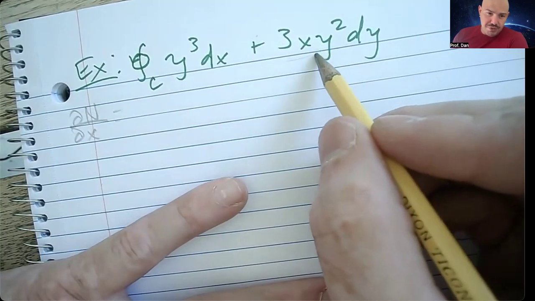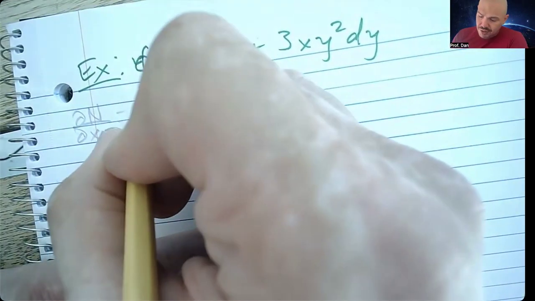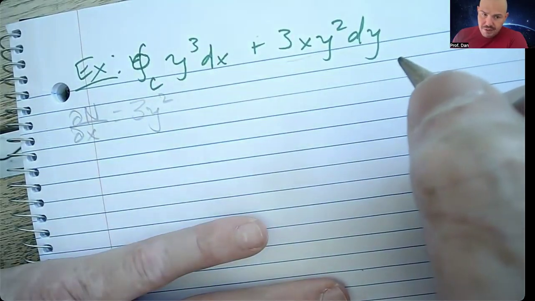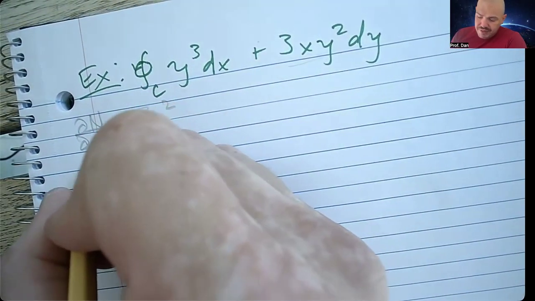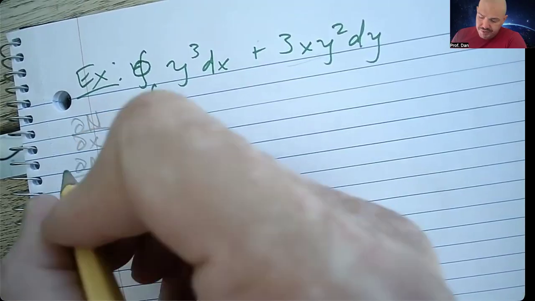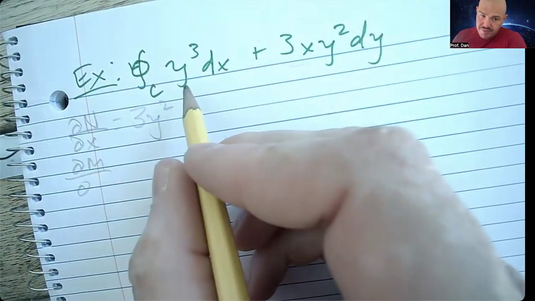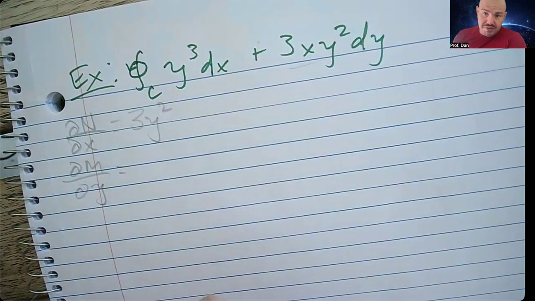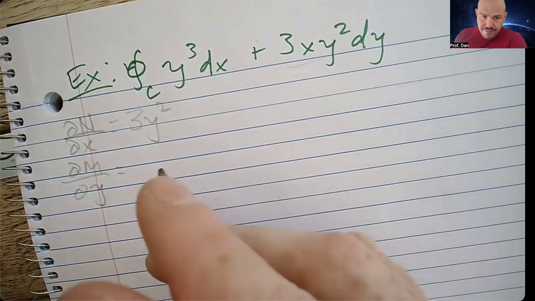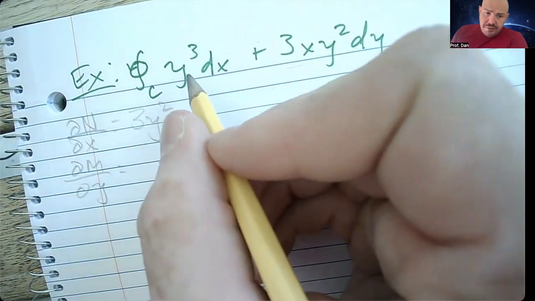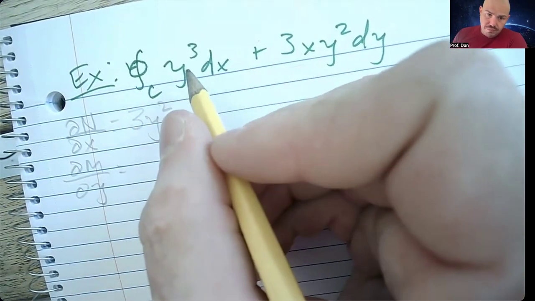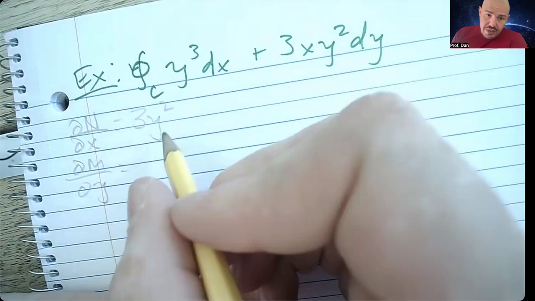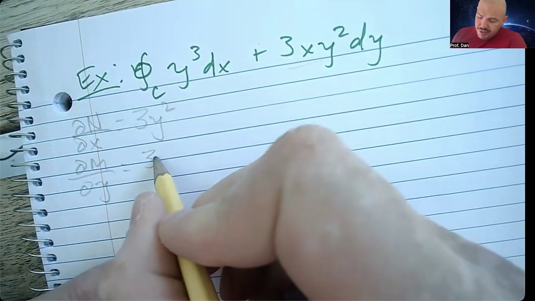If I differentiate with respect to x, I get 3y squared. Now if I take the M piece, whatever's in front of dx, and I differentiate with respect to y, again getting a mixed second partial derivative, then I'm going to end up getting 3y squared as well.